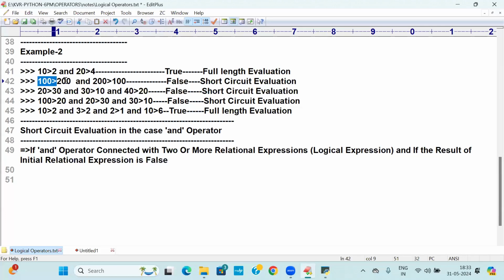If it is false, then it is not going to the next.